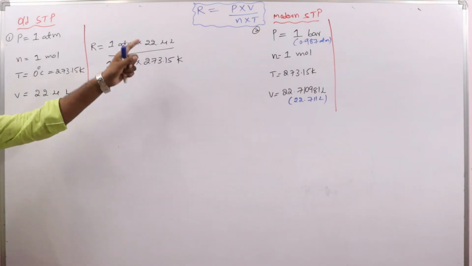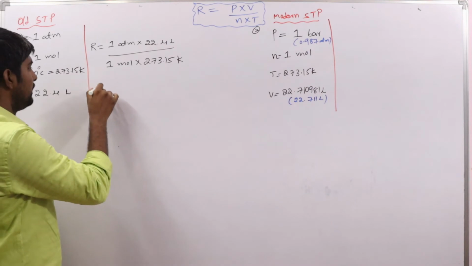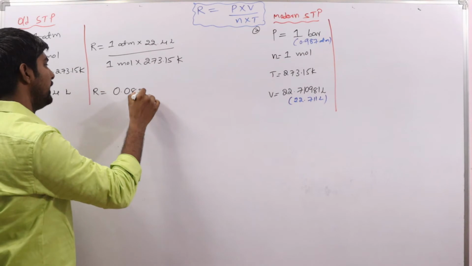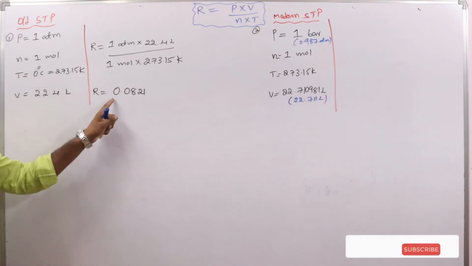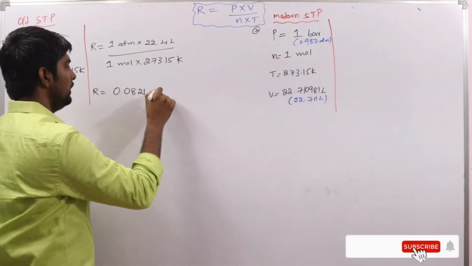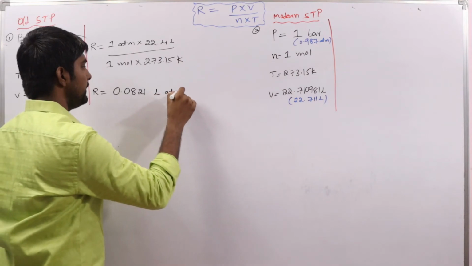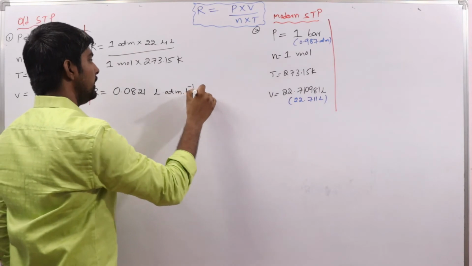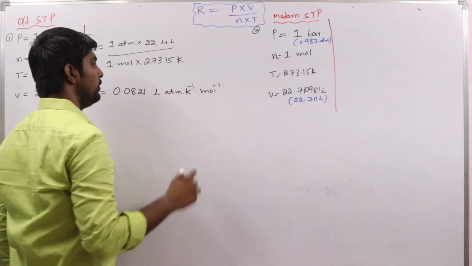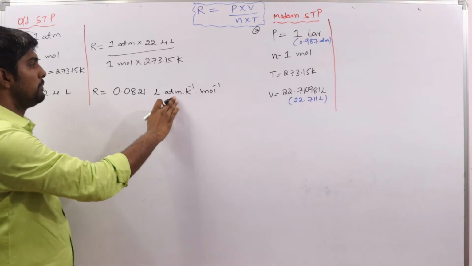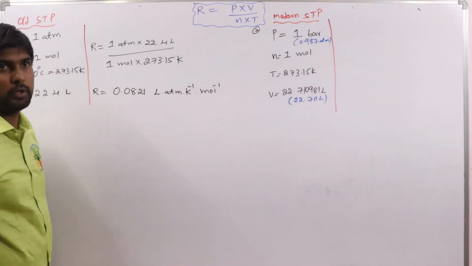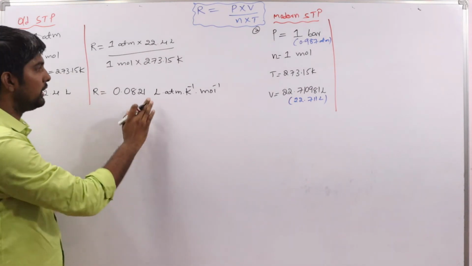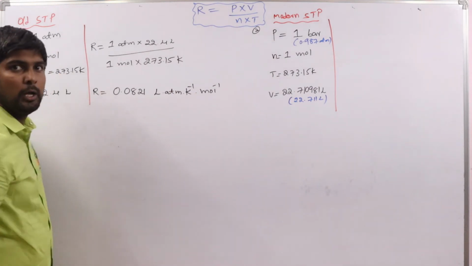After simplification we get R equal to 0.0821 liter atmosphere per Kelvin per mole, that is, liter atmosphere Kelvin inverse mole inverse.